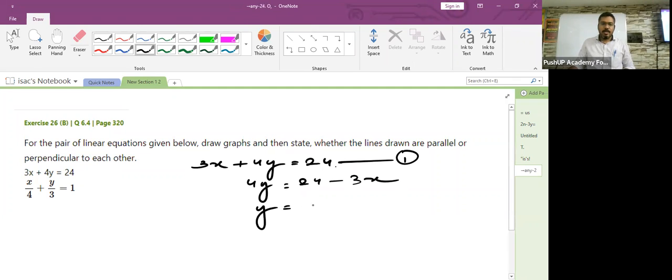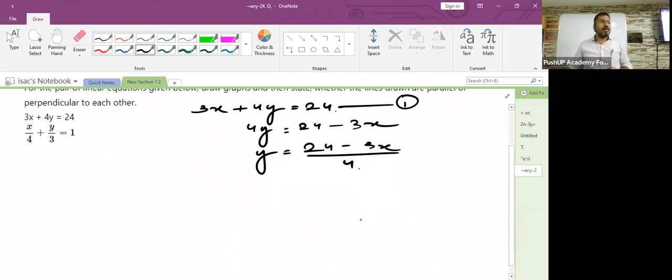Therefore, y is equal to 24 minus 3x, whole divided by 4. Now, y is equal to 24 divided by 4 minus 3x divided by 4. Okay.